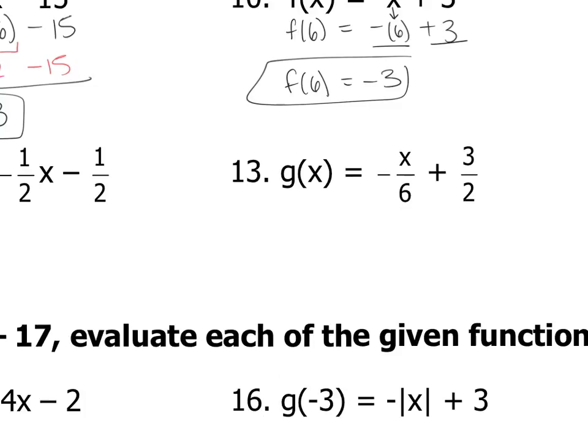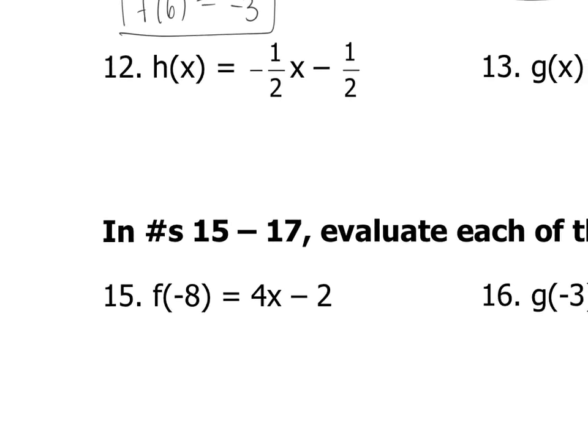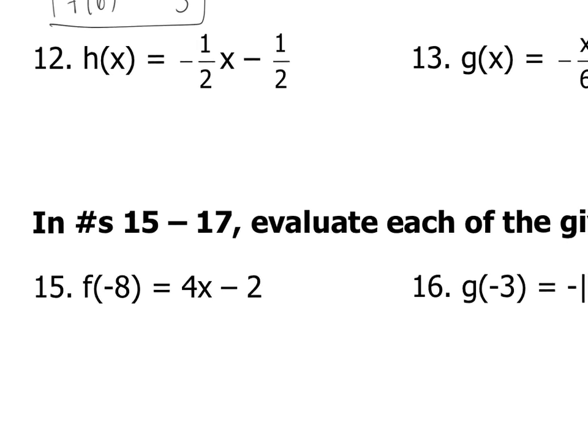All right, let's take a look at number 12. We're going to do the same thing. We're going to plug in 6 into h. So h of 6 is going to equal that negative 1/2, I'm sorry, times 6, and then minus 1/2. For this one, just use logic. What's 1/2 of 6? Well, that's 3, so I'll say negative 3 minus 1/2.